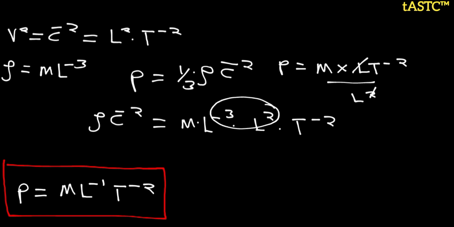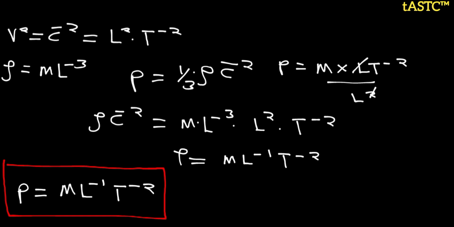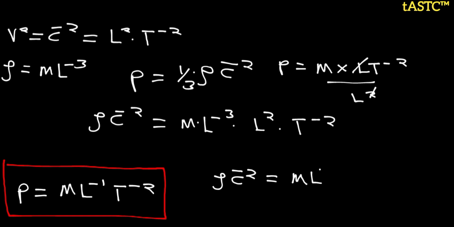If we combine these, you would find that we have -3 plus 2, which gives us -1, and here we have -2. So rho C bar squared is equal to M L raised to the power of -1 T raised to the power of -2.